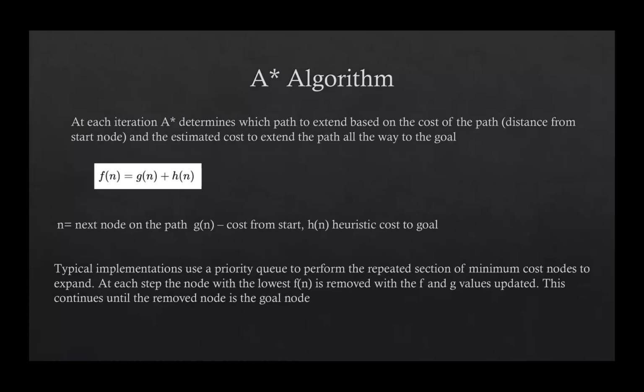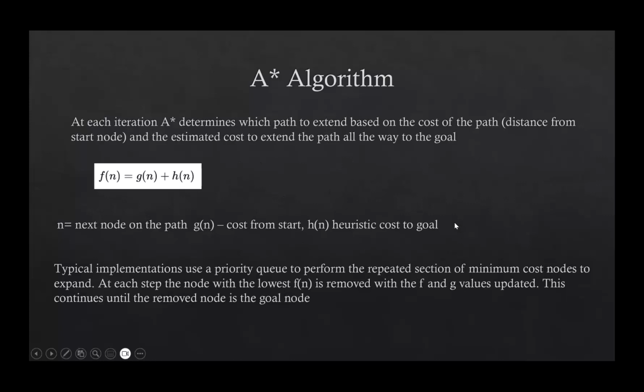Typically when you implement an A-star algorithm, you're going to use something called a priority queue. This will perform the repeated selection of the minimum cost nodes to expand. Essentially, out of all the nodes that it has so far, it will take the node with the lowest f of n, remove it from the queue, and update the f cost values of the neighboring nodes.